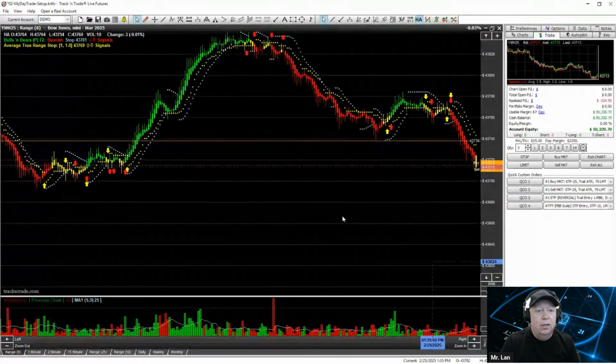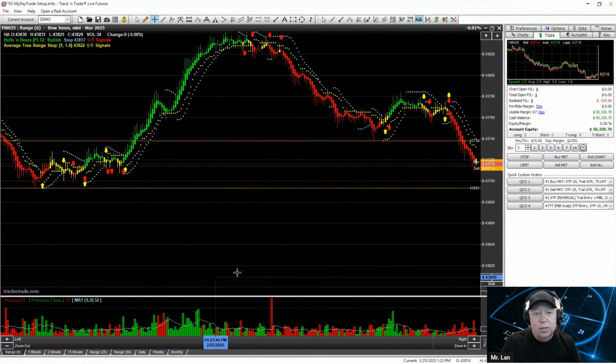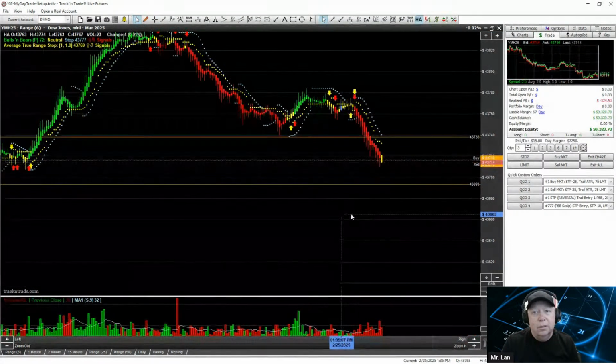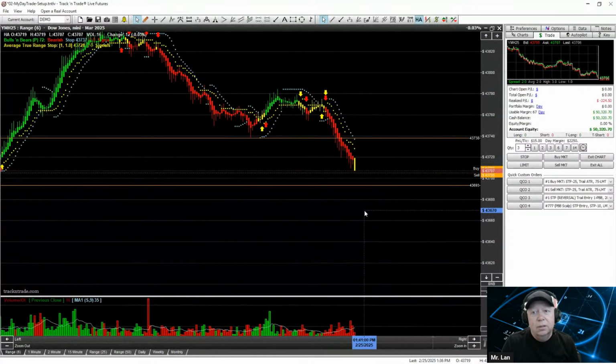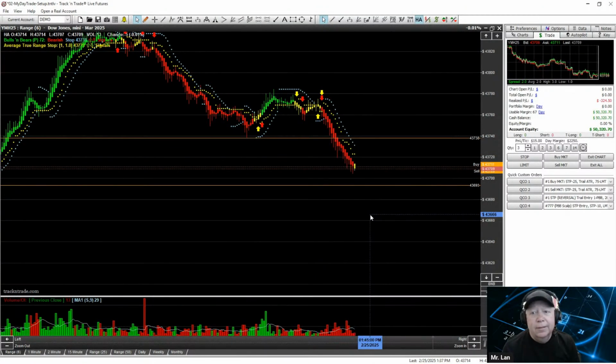Where have we got down here? Well, we've got some areas down here. This is the low from the previous low. So it went all the way up there and turned around, came all the way back down. Well, that was a dumb move. And we didn't take it short either.